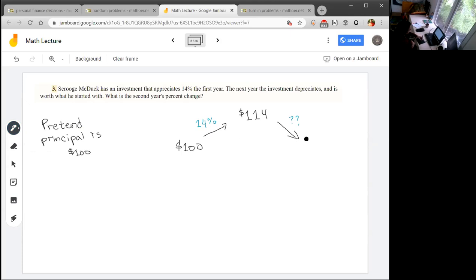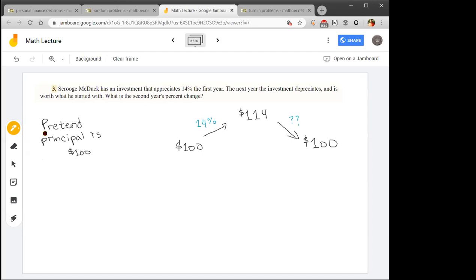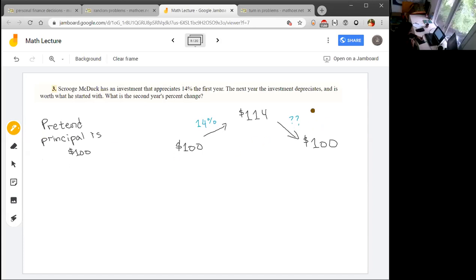And it comes back to 100. Is my unknown amount going to be bigger or smaller than 14? Smaller. This is going to be slightly smaller than 14.